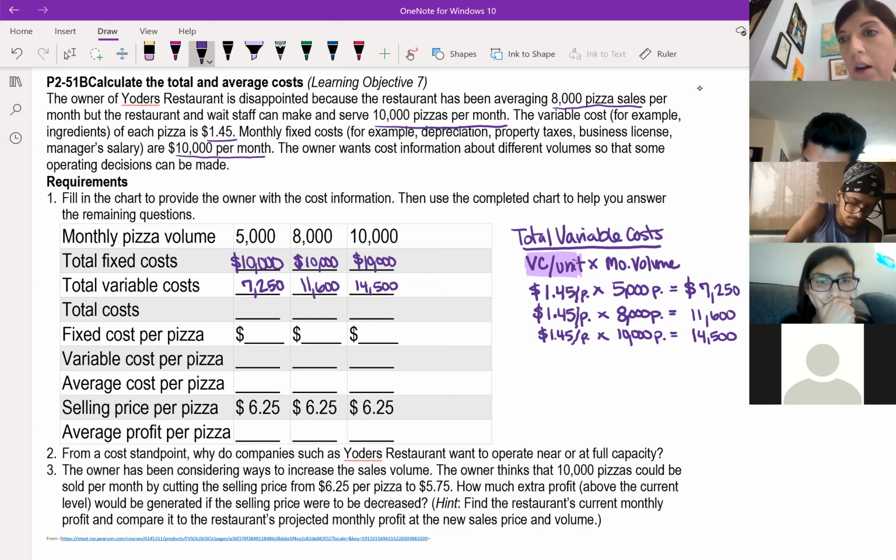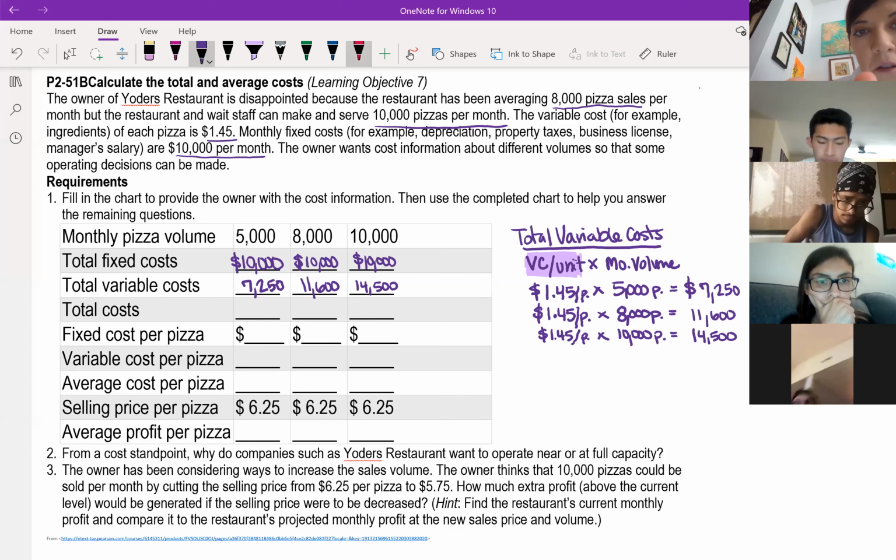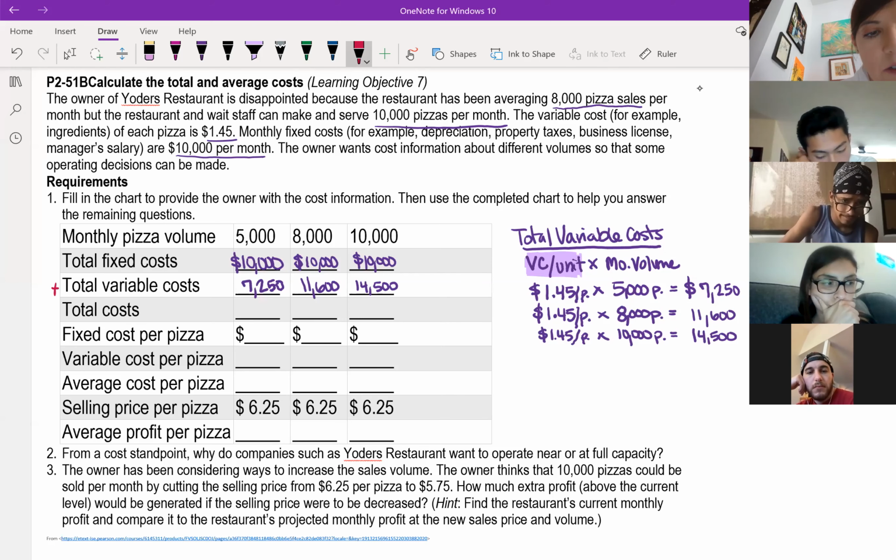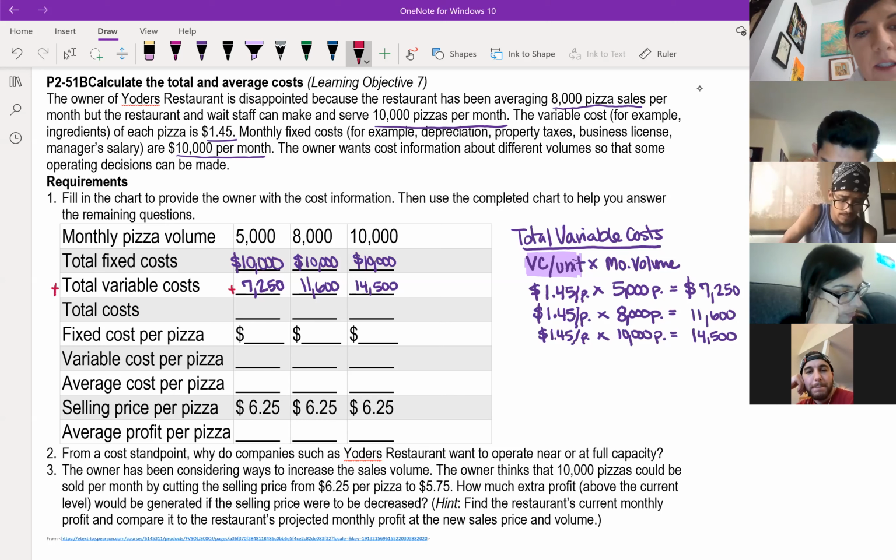For total costs, how am I going to figure that out? We're going to add our total fixed costs and total variable costs, right, to get the total. So 10,250 plus 7,250. When I sell 5,000 pizzas, my total cost will be 17,000.